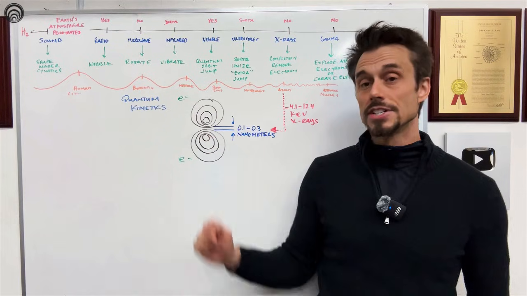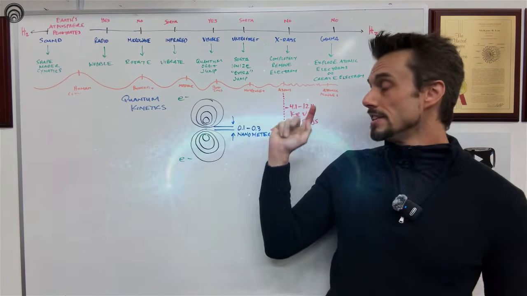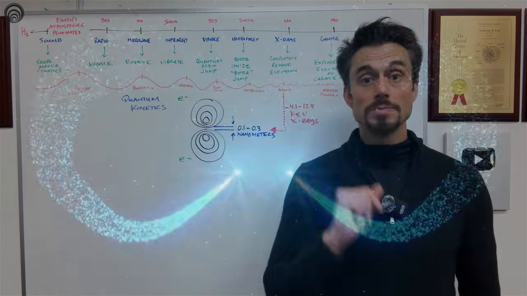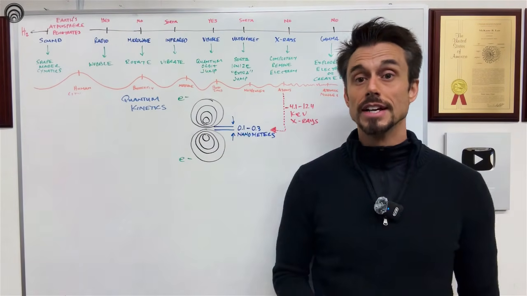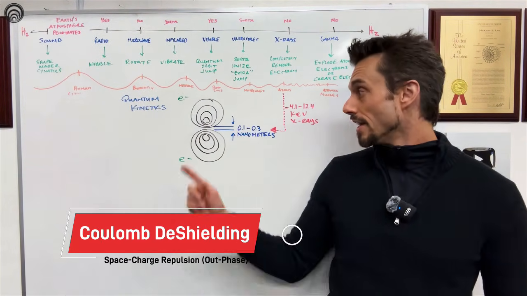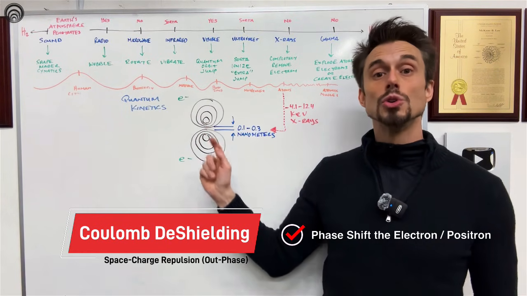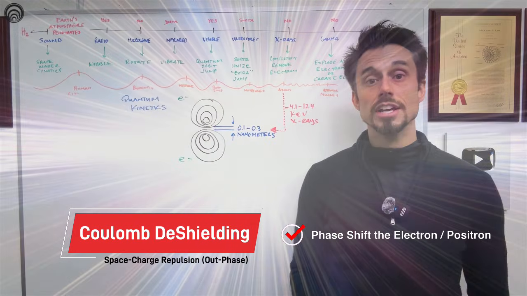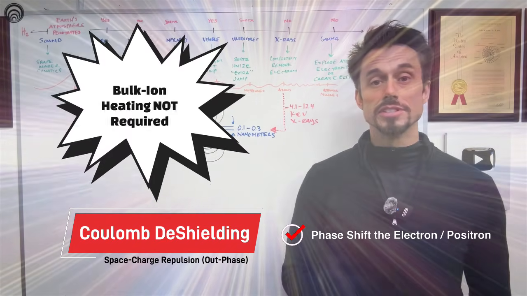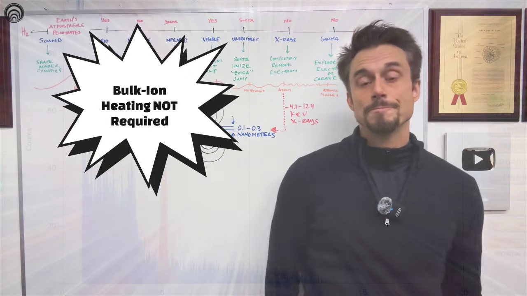So this interaction space, if you start getting these emissions as you're quantum kinetically pushing them together, you're doing thermonuclear fusion. It's a very important thing to understand that when you start doing this Coulomb space charge repulsion and you're deshielding the action, you'll start seeing the photon emissions in your nuclear reactor.